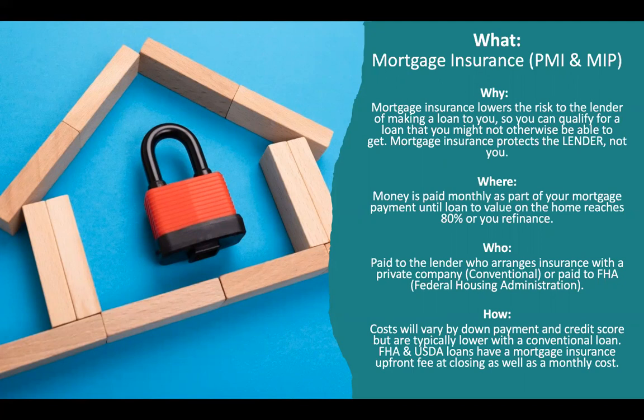But if you want it removed right at the 20%, you are going to have to request it, and they'll probably do an appraisal to make sure that you have reached that point. Whereas with an FHA loan, the only way to get rid of that expense is by refinancing.